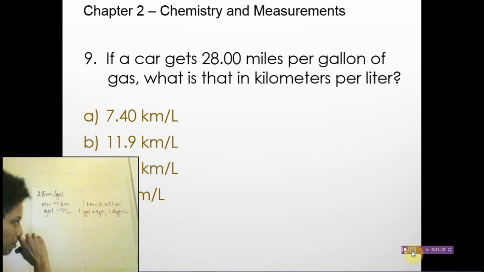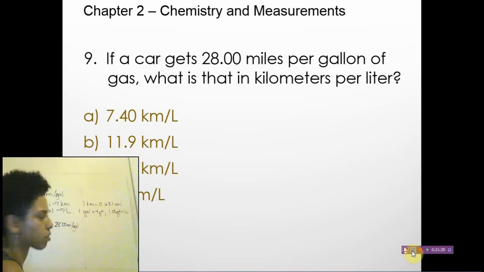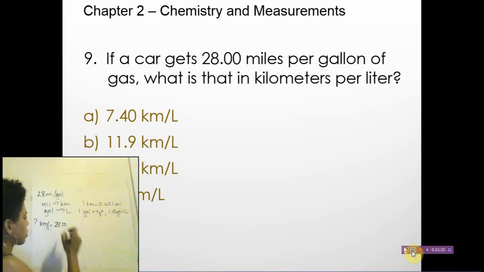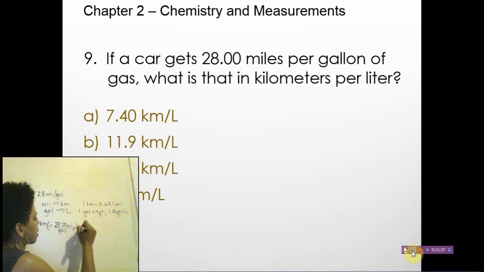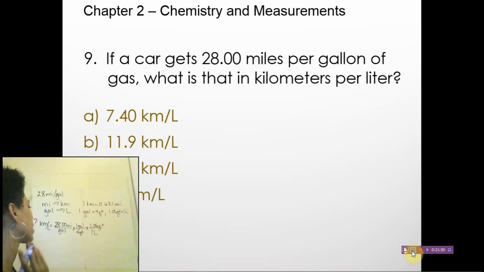All right. So we want to know how many kilometers per liter. We start with 28.00 miles per gallon. Times 1 gallon per 4 quarts times 1.06 quarts per 1 liter, right?